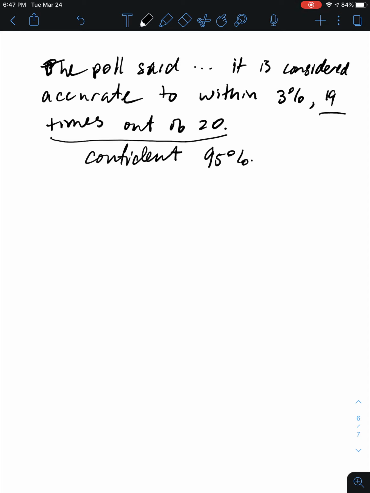If you take your calculator, 19 divided by 20, you're going to find it equals 95%. So that is just a friendlier way of saying 95% confidence, which is the way we prefer to say it, but newspapers like to be friendly when they write stuff. Okay, so that's one item here. We have 95% confidence. That implies that Z sub alpha over 2 is 1.96. So that we know something now about our study.